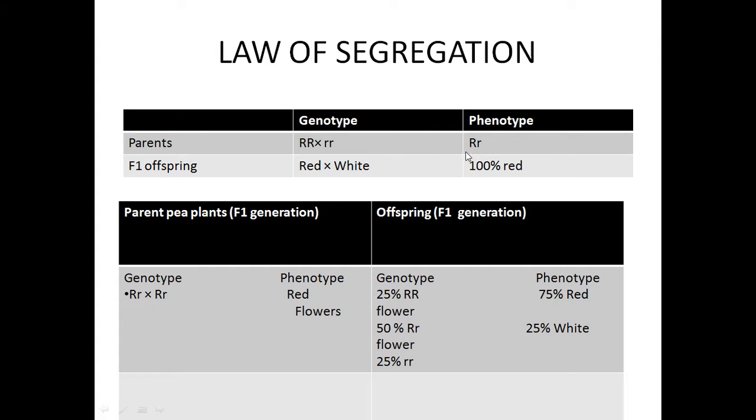Phenotypically, capital R, small r, 100% red. So capital R, small r is the heterozygous condition. Physically, phenotypically, we see 100% red color flowers in the pea plant.